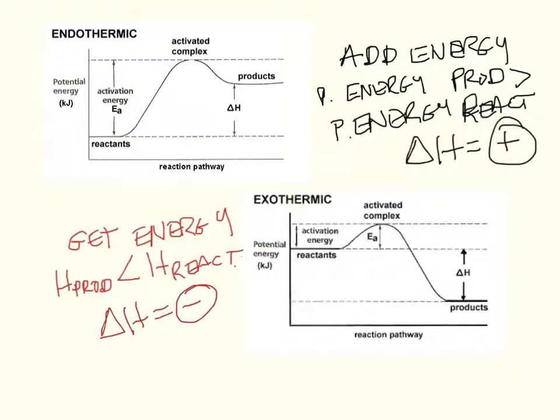So when delta H is negative, it means that the reaction is giving us energy back. And when delta H is positive, we need to add additional energy to make it work.